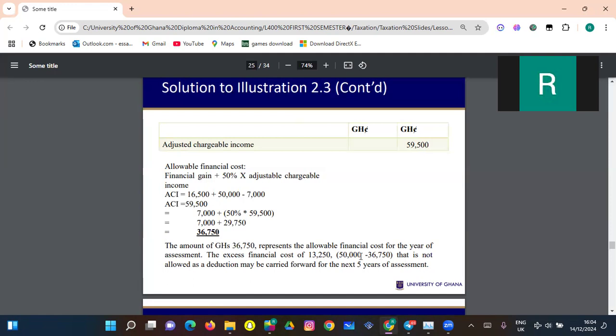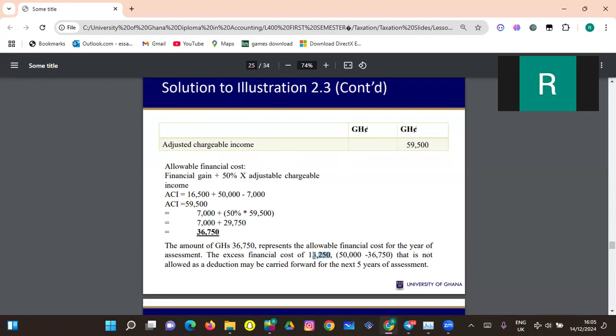You see, our main finance cost was 50,000, but the one that is allowable is this 36,000, right? So the difference that is left will be carried forward for the next 5 years. So next year we calculate the adjusted chargeable income, then we find our finance cost that is allowable again.